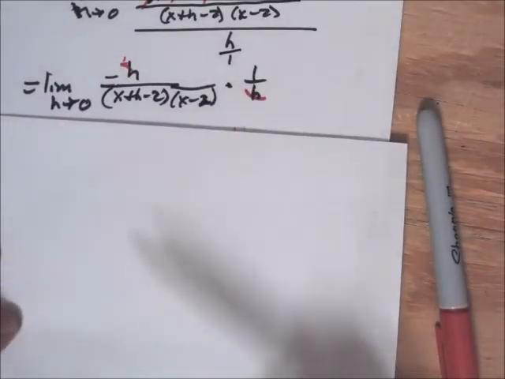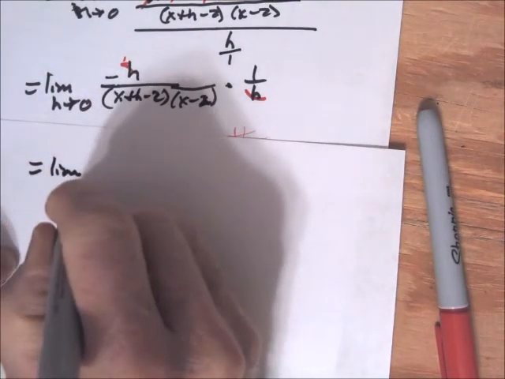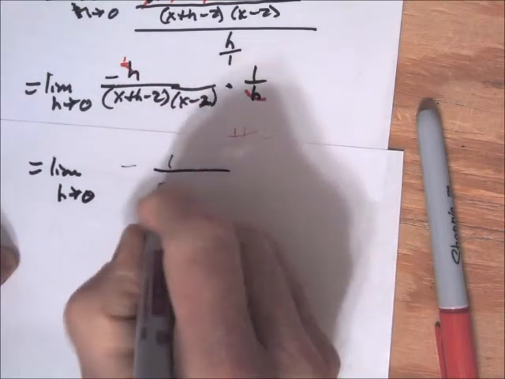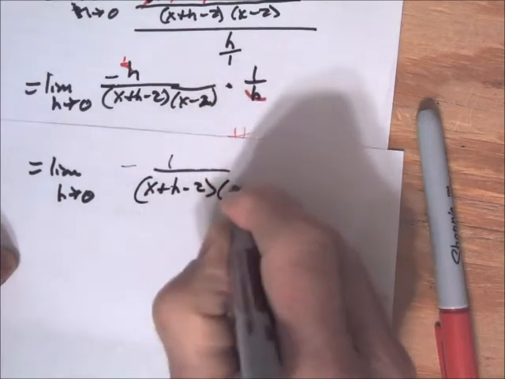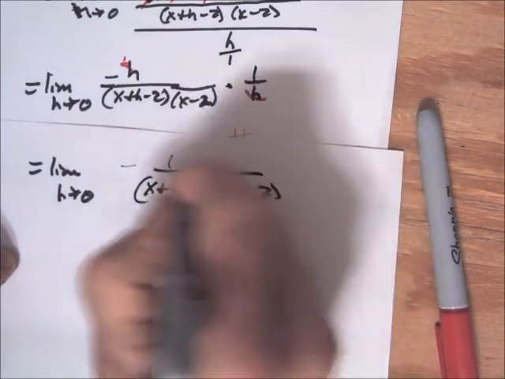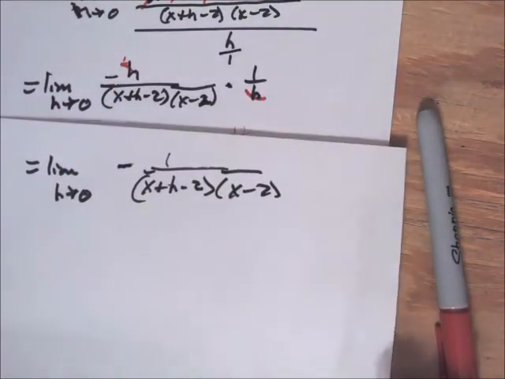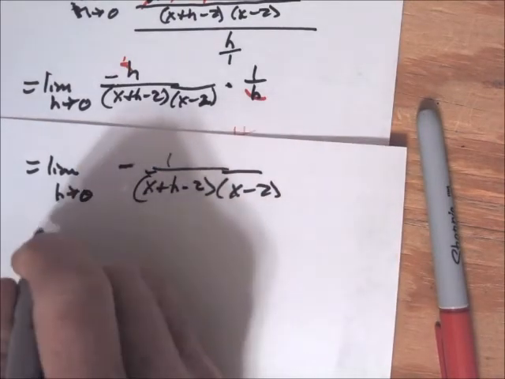So that'll give us the limit as h goes to 0 of minus 1 over x plus h minus 2 times x minus 2. And now we can take the limit. The h's cancel, but the minus sign doesn't. We take the limit as h goes to 0, just replace h by 0 here.